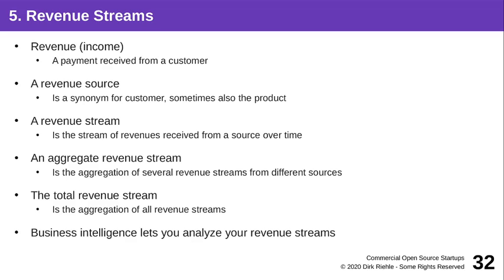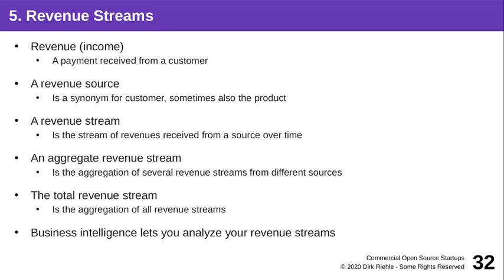You have a stream of incoming revenue payments from a source over time. And you aggregate them, not just one customer or one product. You aggregate them from single customer to product to market segment, depending on how you want to look at your revenue streams.